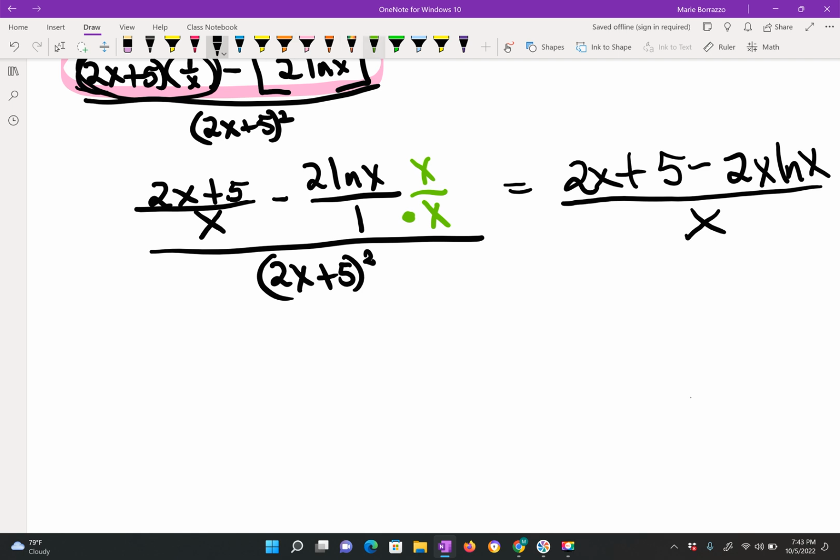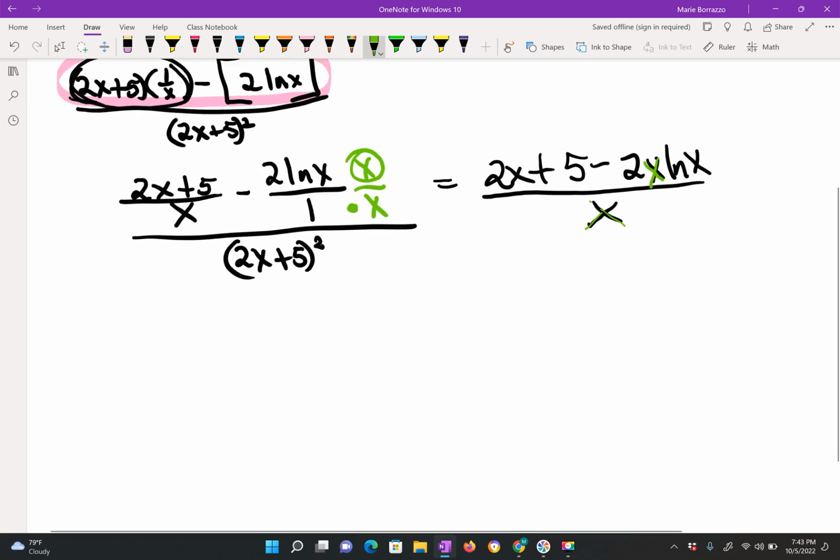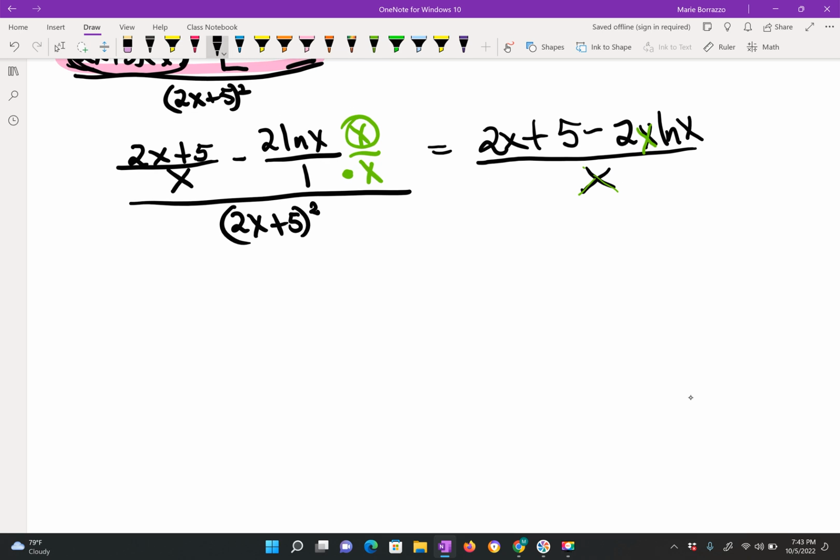This green x that you see here is simply now part of this denominator. This is still over 2x plus 5 squared, but technically over 1.